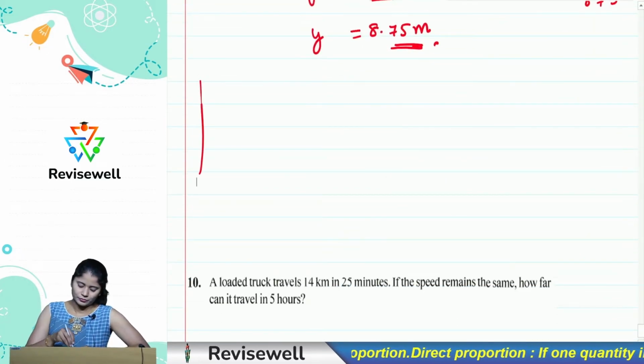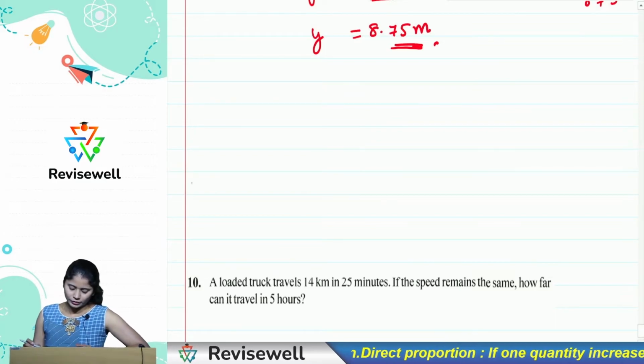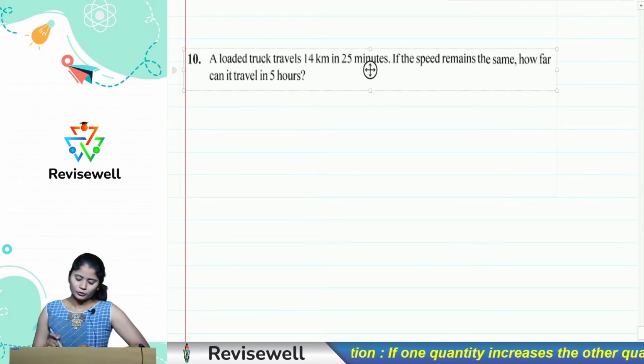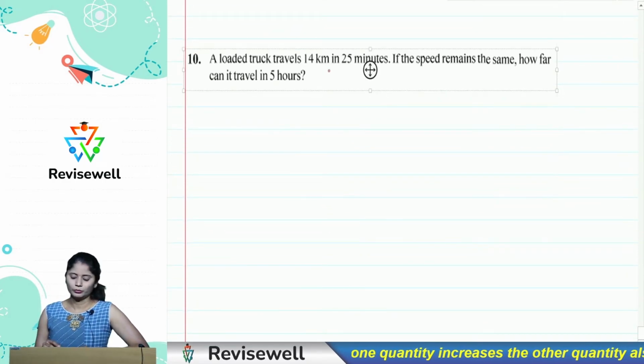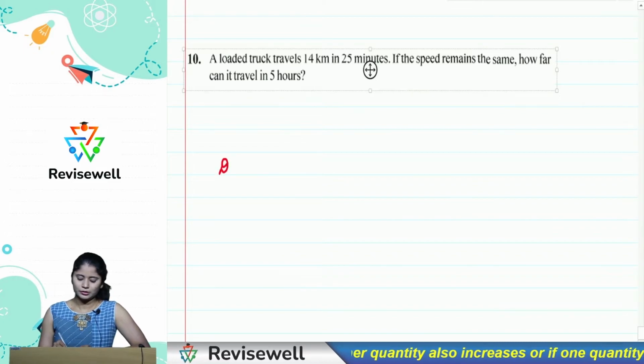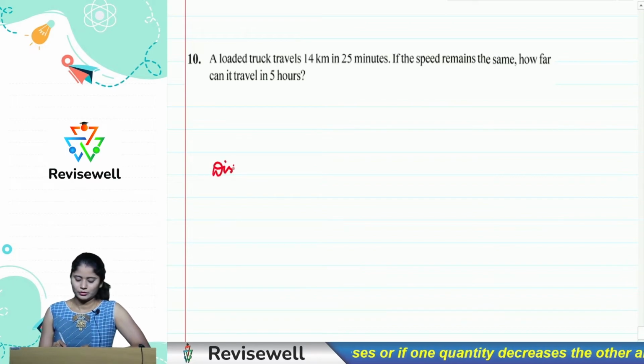Next question. A loaded truck travels 14 kilometers in 25 minutes. If the speed remains the same, how far can it travel in 5 hours? Here we are speaking about distance traveled and time.